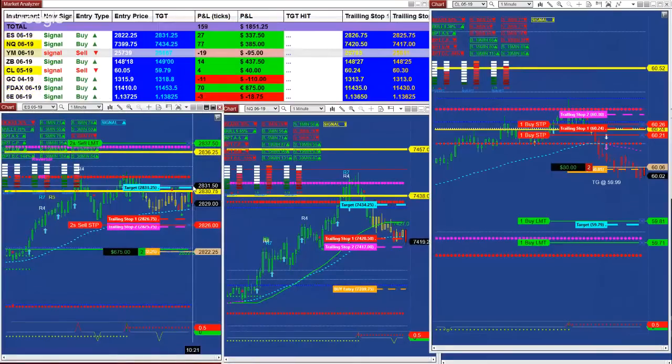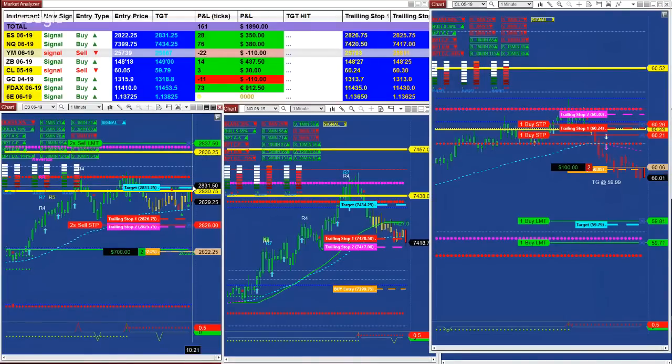Now we're about to have a new signal on the Nasdaq, gentlemen, and the CL is dropping, the YM dropped to the sell signal. We missed that signal, and now we are about to have a Nasdaq, and we are about to have the ES. The market is sinking.